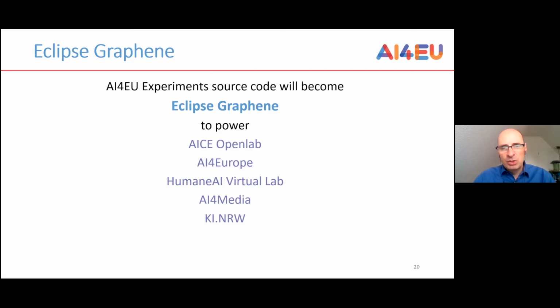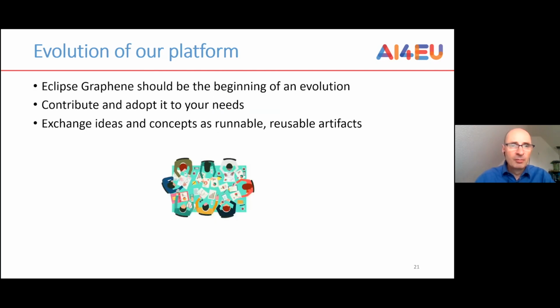It will be used in the AI for Europe effort. It will be used in the project Humane AI in the virtual lab, in AI for Media, and we also have here in Germany a regional initiative called KI NRW. So we plan to use and to improve the system beyond the end of the AI4EU project.